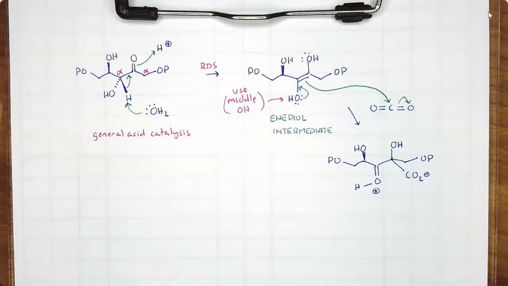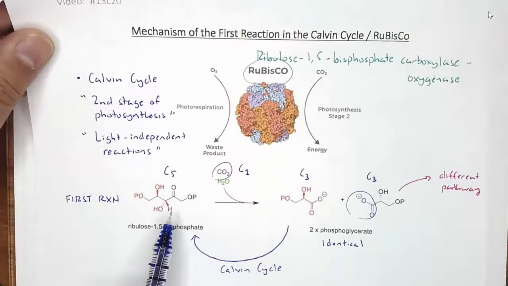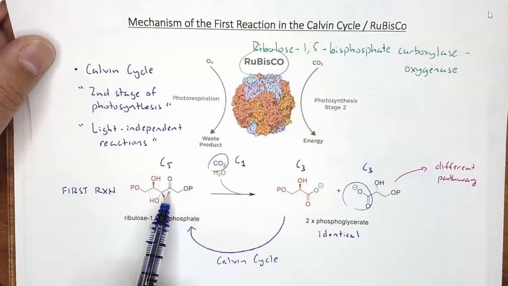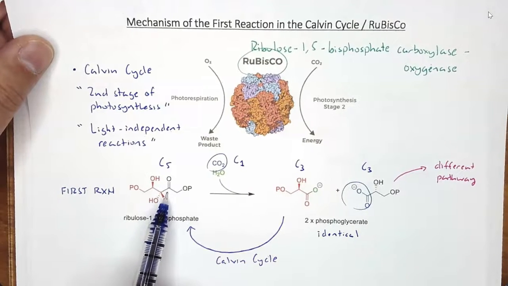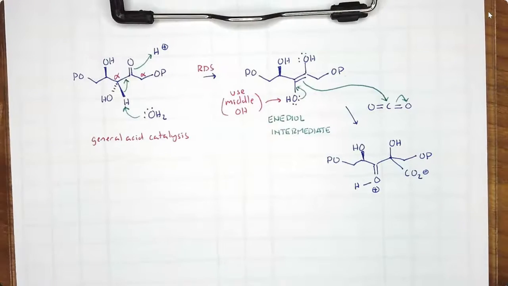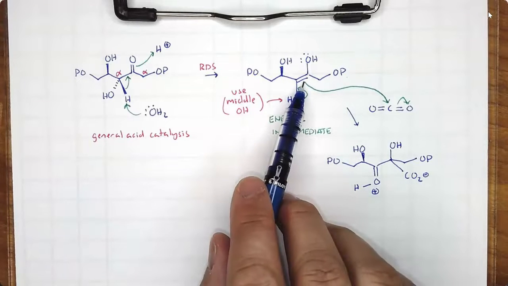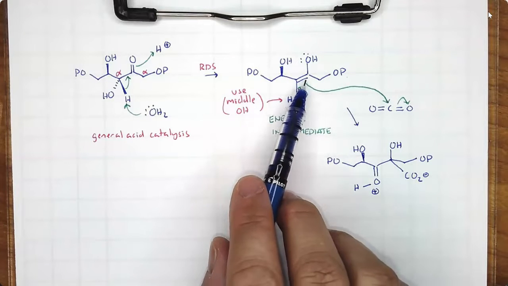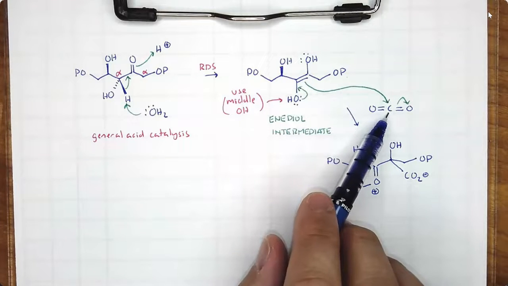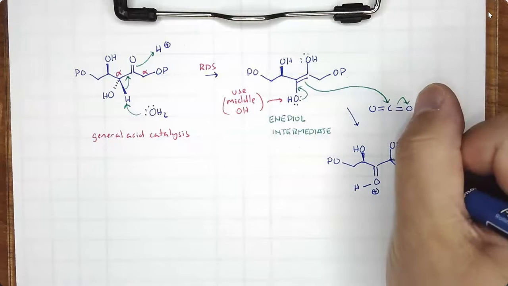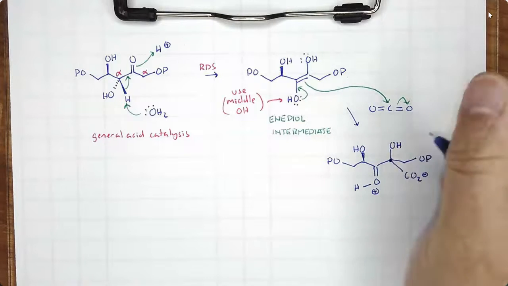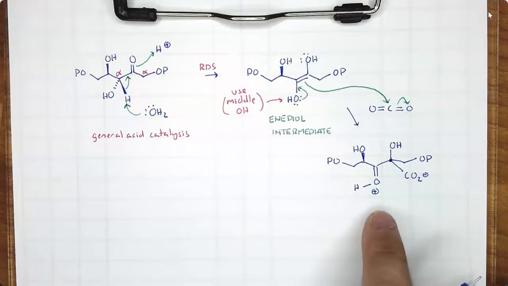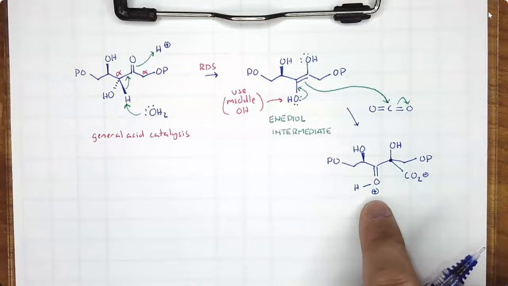If you recall from our picture, the carbon dioxide incorporated into the right side of the molecule, onto this carbon right here. So the idea is to use this double bond, form the double bond here, and then use this pi bond to grab the carbon dioxide. So we did get the CO2 onto this carbon on the right, and we have now this protonated carbonyl group.